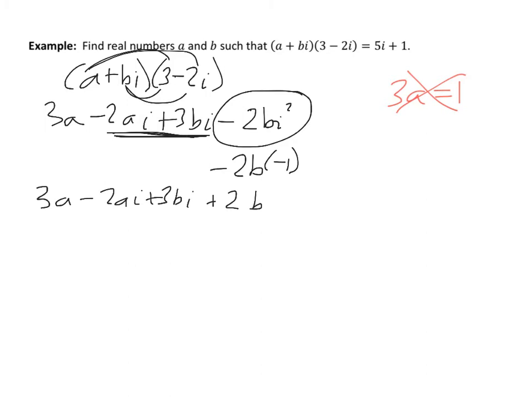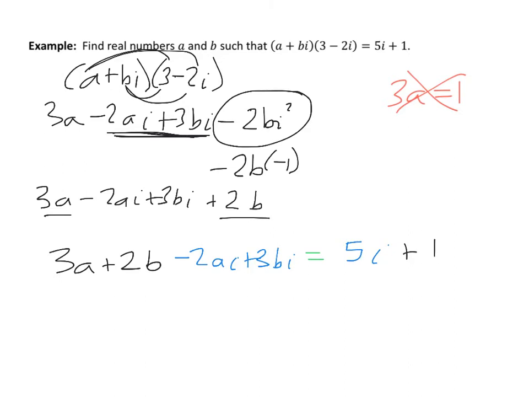Now it might be easier for me if I brought the real parts together, 3a plus 2b, and then after that I could put the imaginary parts, negative 2ai plus 3bi. And we know that has to be equal to the other side, which is 5i plus 1. I kind of color-coded these things, right?